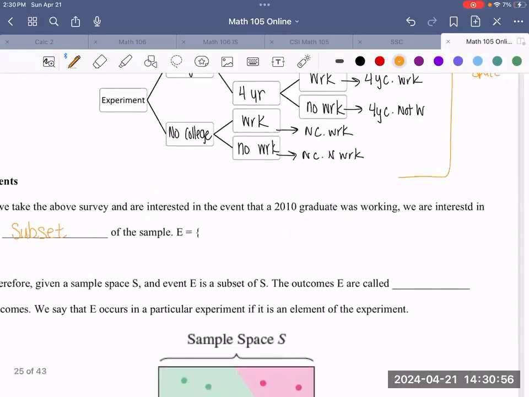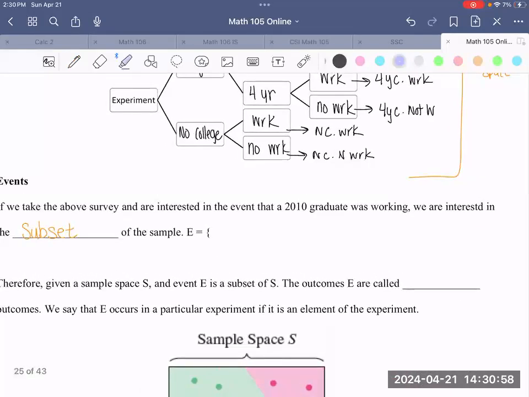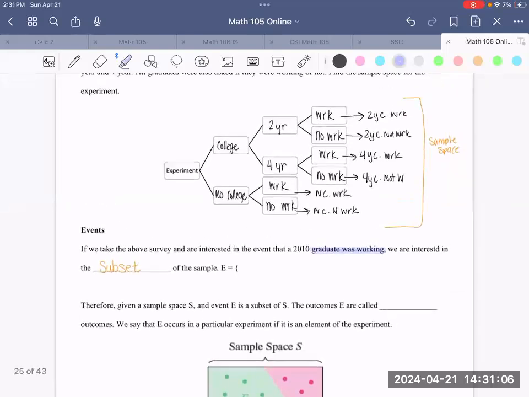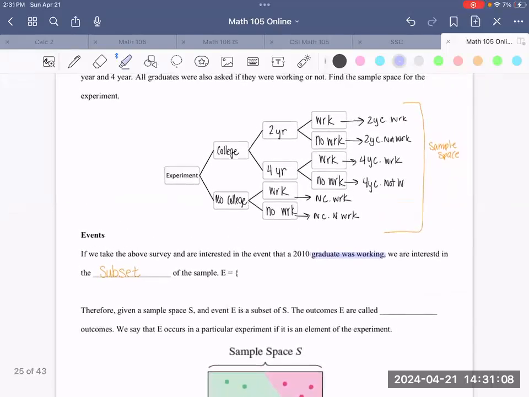So we are specifically looking for some high school graduate that was working. So looking at the above, who would fall in that category? Well, a 2-year college worker, a 4-year college worker, and someone who didn't go to college but was still working.